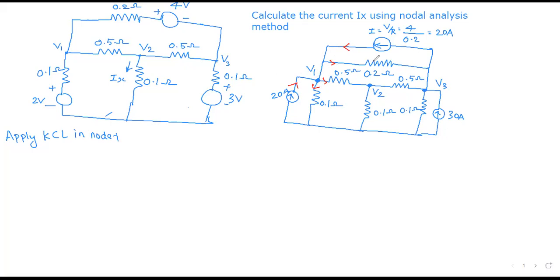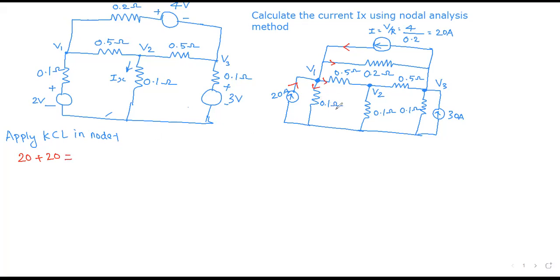So the currents entering the node are 20 amps and 20 amps. So you can write the equation 20 plus 20. Why am I putting 20 plus 20? Because both 20 amp currents are entering the node, and that is equal to the current leaving the node.